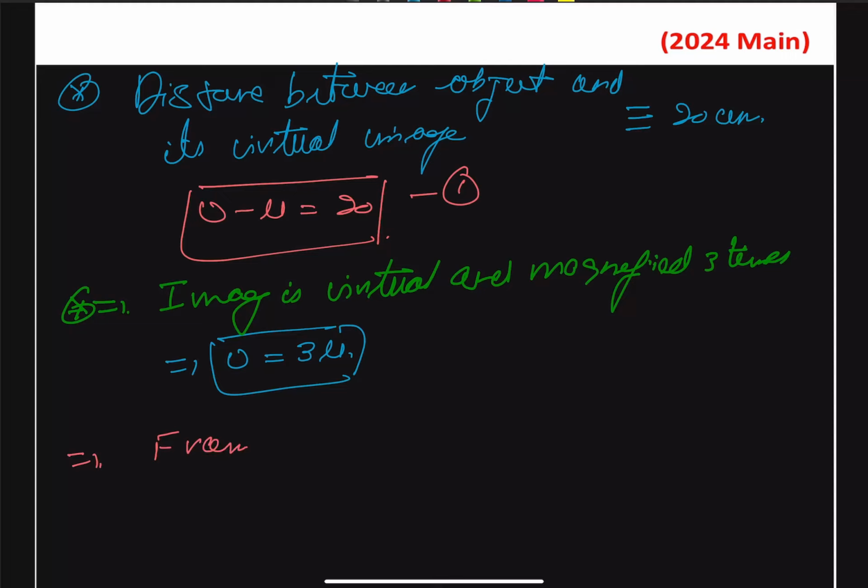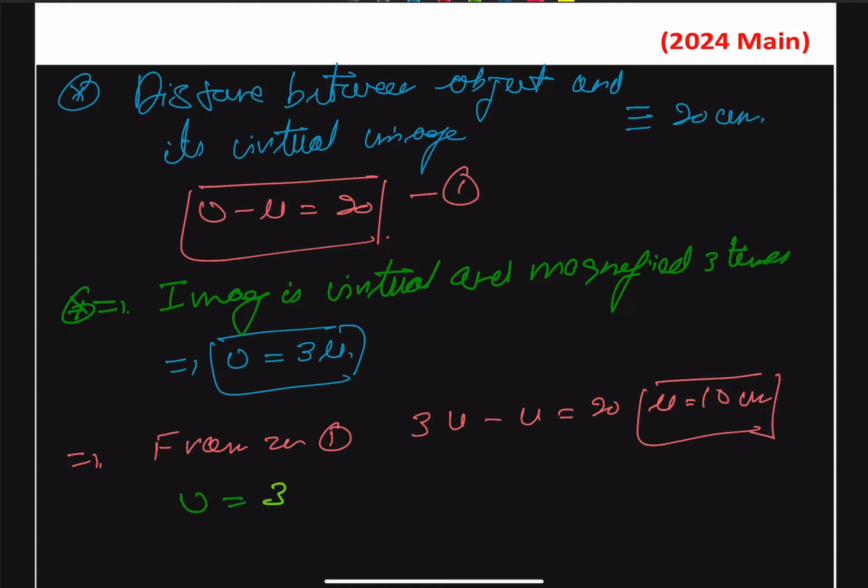From equation 1 we can write 3U minus U is equal to 20. This gives us that U is equal to 10 centimeter. The distance of the object from the pole is 10 centimeter, and V is equal to thrice 10, which gives us that V is equal to 30 centimeters.